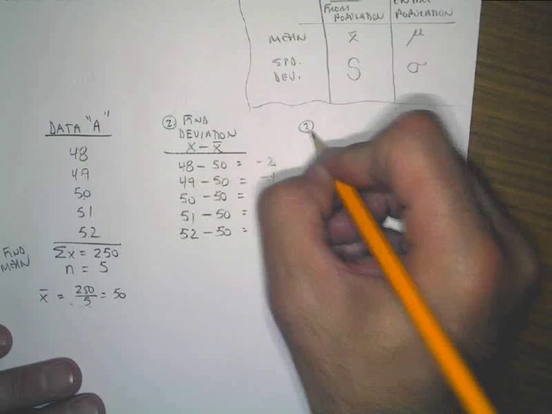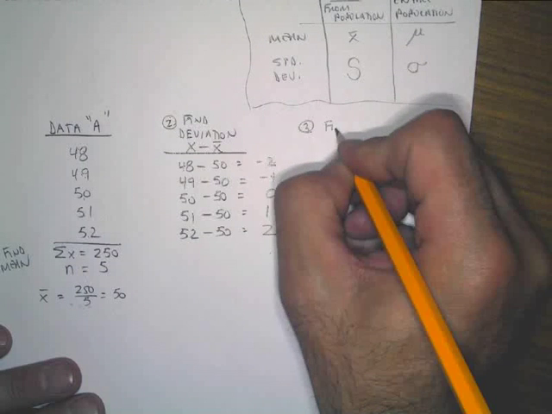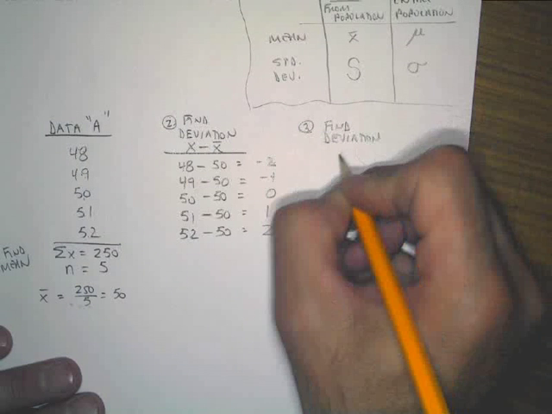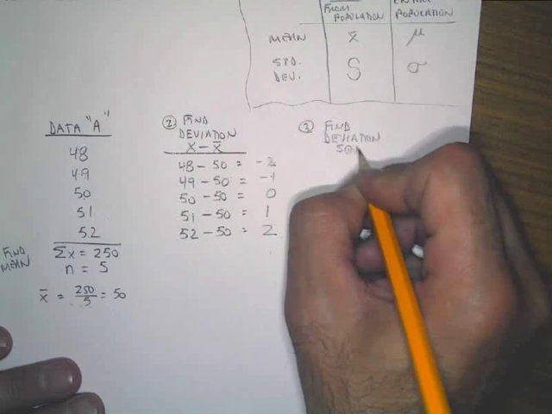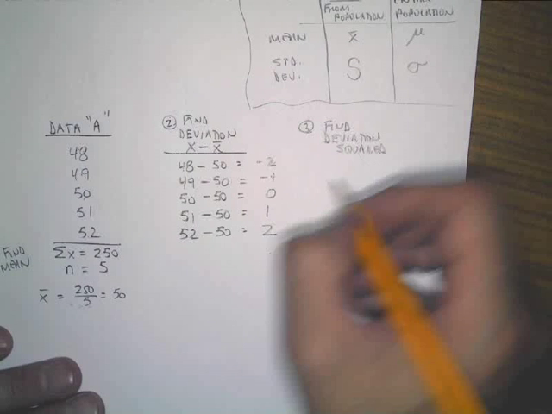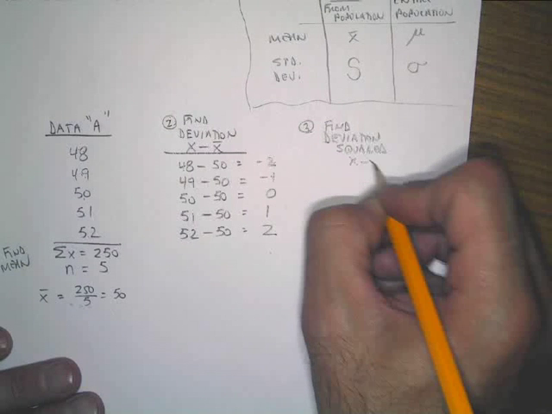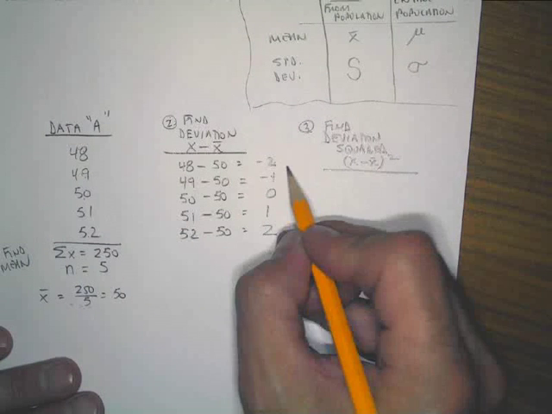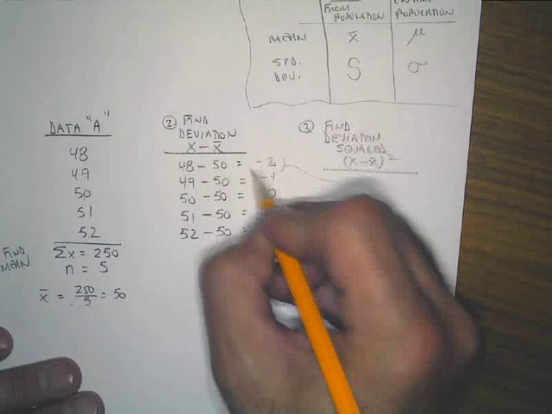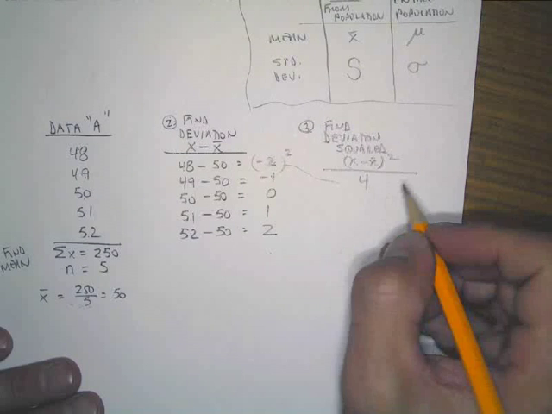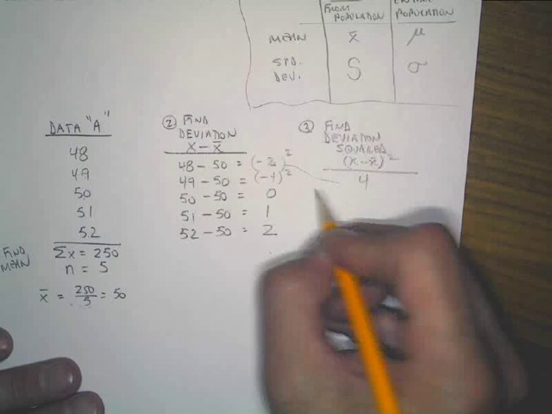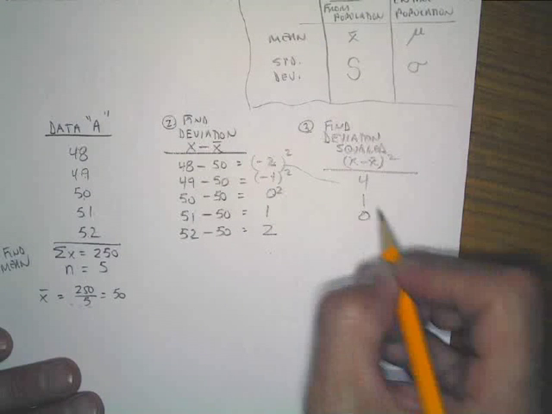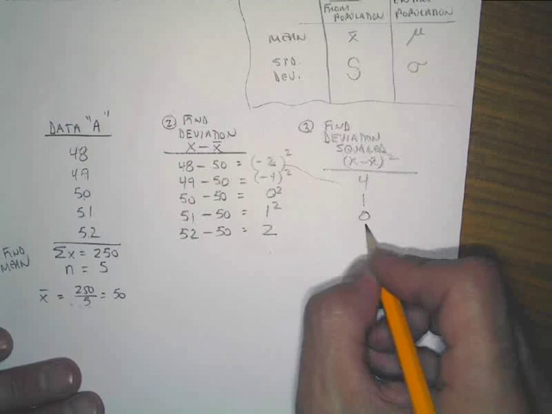So step number 3 is we have to find the deviation squared. So that's going to be x minus x bar squared. So -2 squared is 4. -1 squared is 1. 0 squared is 0. 1 squared is 1.